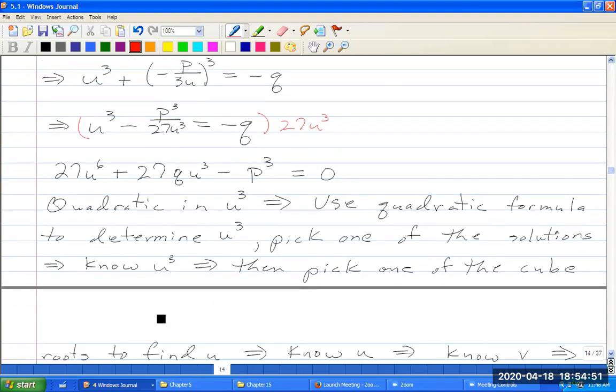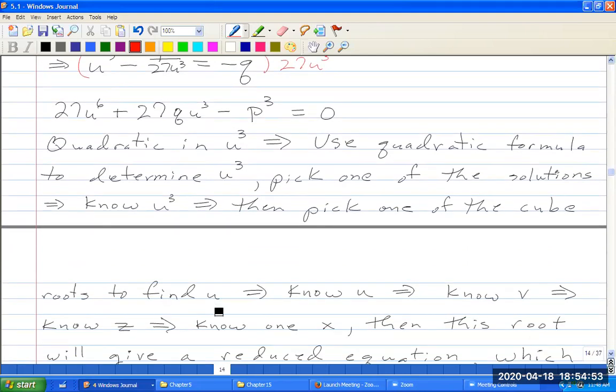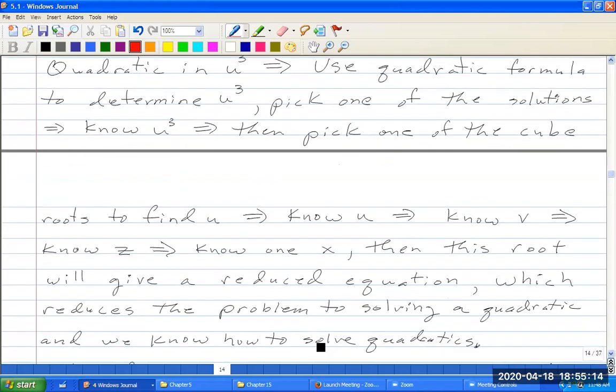Pick one of the cube roots to find u. Once I know u, I know what v is. Therefore, I know what z is. But if I know z, then I know what x is. So I know one of my x's. I can then use this root to solve the reduced equation, which will be quadratic. And so we're done because we know how to solve quadratics.